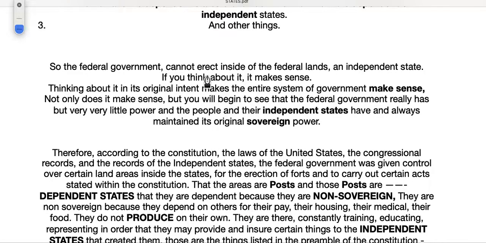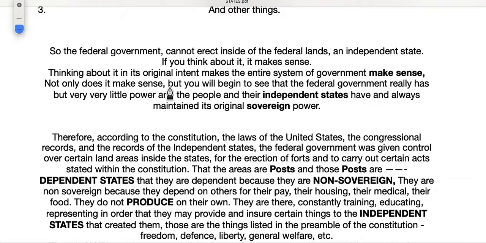So the federal government cannot erect inside the federal lands an independent state. If you think about it, it makes sense. Thinking about it, the Constitution in this way brings everything together, makes everything make sense. When you try to think about the things that they teach you in school, it doesn't quite add up.